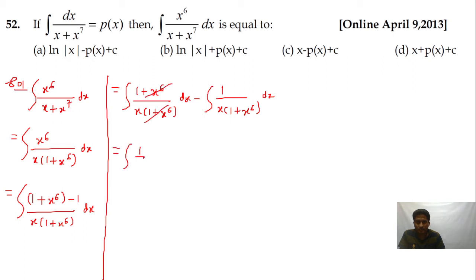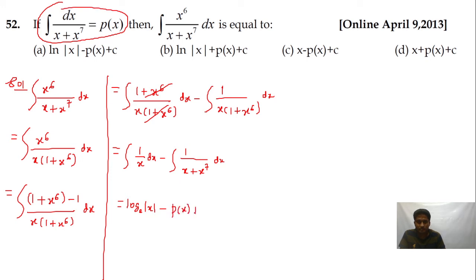You get integration of 1 by x dx minus integration of 1 upon x plus x to the power of 7 and then dx. Integration of 1 by x is log x. Integration of 1 by 1 plus x power 7 dx, that's already given. This is p of x and plus c. Okay, that's the answer. You get log x minus p of x plus c. First option.